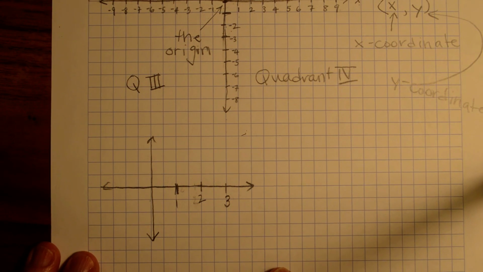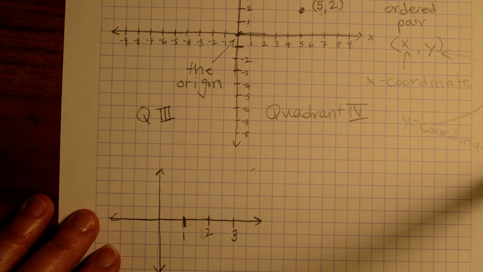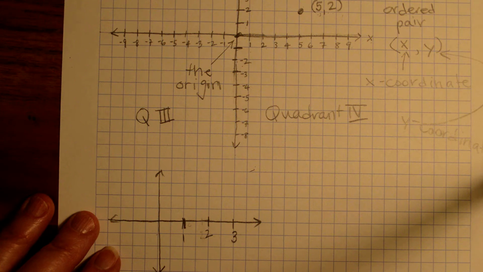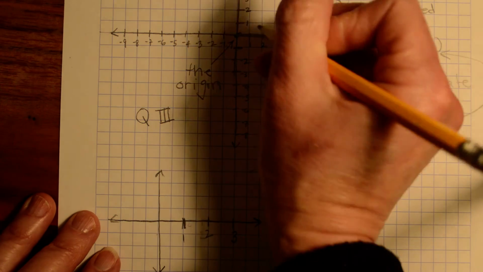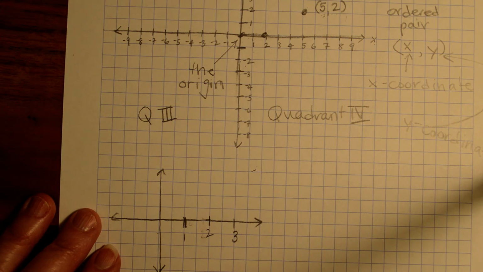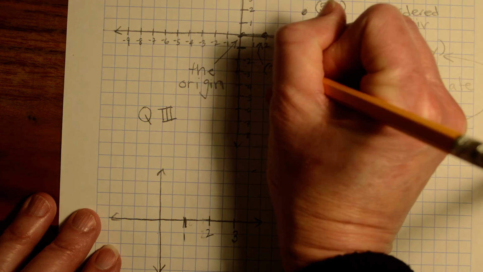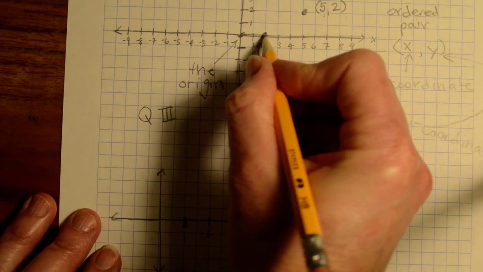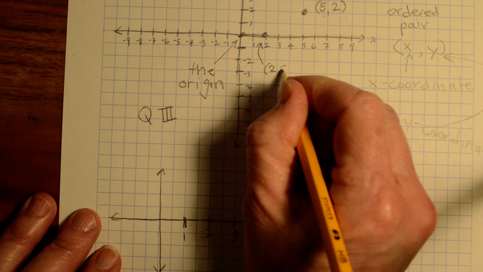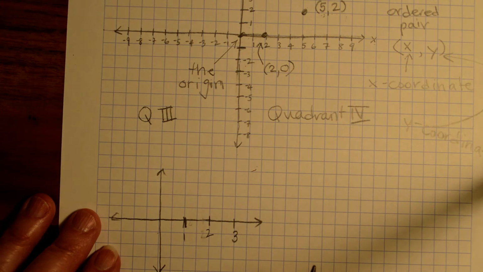Okay, so let's just practice plotting some points here for a second. Let's put a dot right here. You tell me what that is. So think about that for just a second. All right, so if you thought that that was the point (2, 0), because we had to go over 2 on the x-axis, and 0 because we had to go 0 in the y direction, you would be correct.